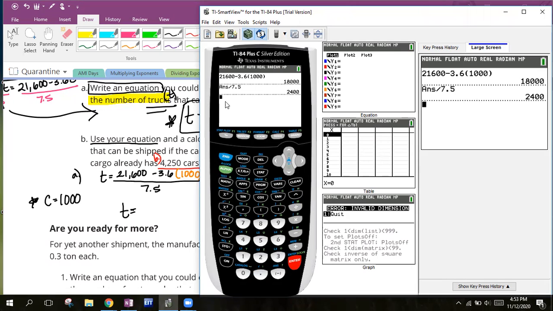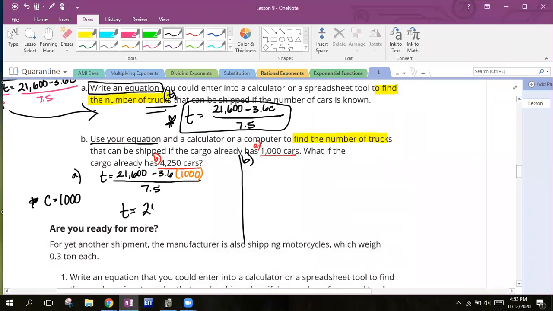So if I have 1,000 cars, then I can have 2,400 trucks. Then for part B, how many if you have 4,250 cars? You have a variable, you have an equation.